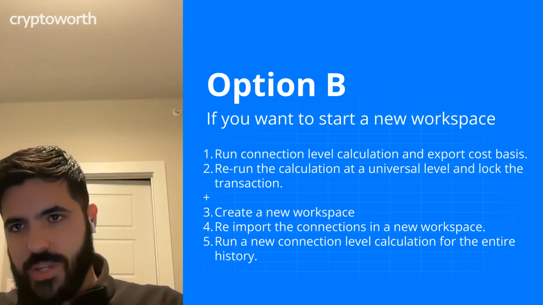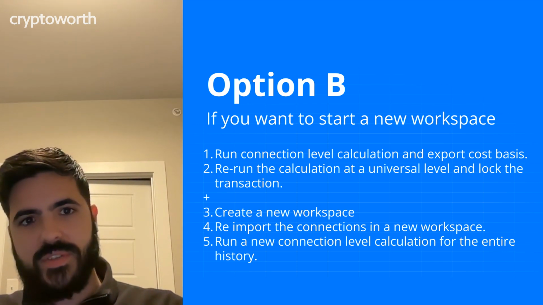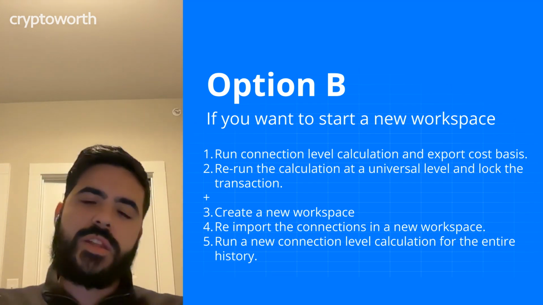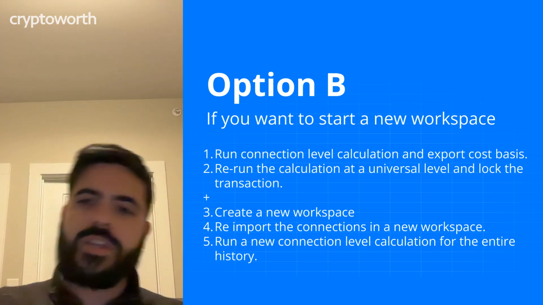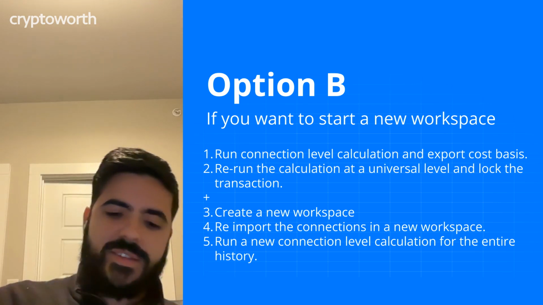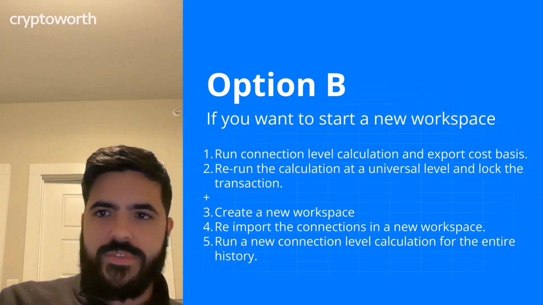So if the numbers match, the cost basis match at the connection level between the two different workspaces, the old one and the new one, then you can rest assured that your new workspace is reflecting your financials accurately and you can continue on. In this instance, you wouldn't have to do a start date in your filters.